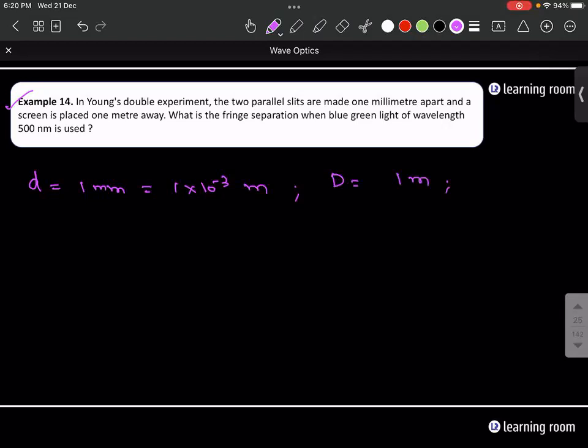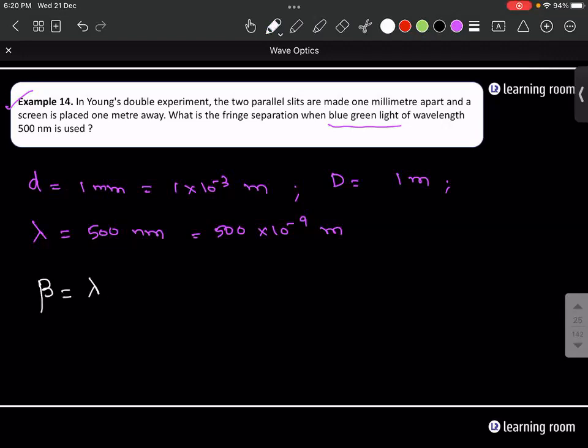What is the fringe separation when blue-green light of wavelength 500 nanometer is used? This will be equal to 500 into 10 power minus 9 meter. Tell me what is going to be the value here.